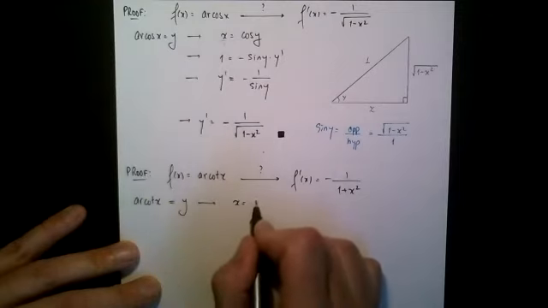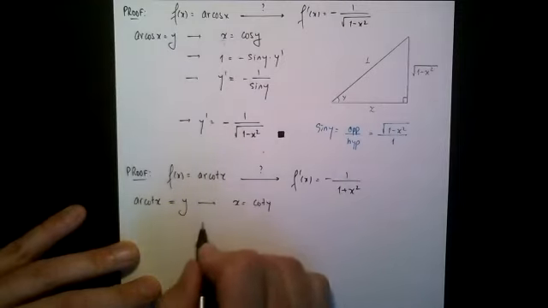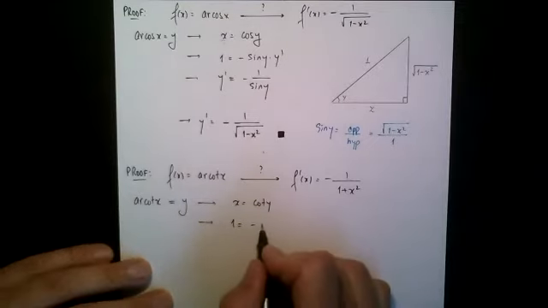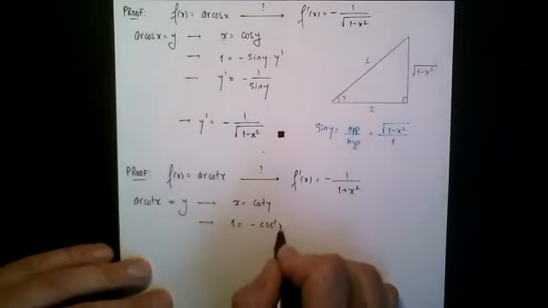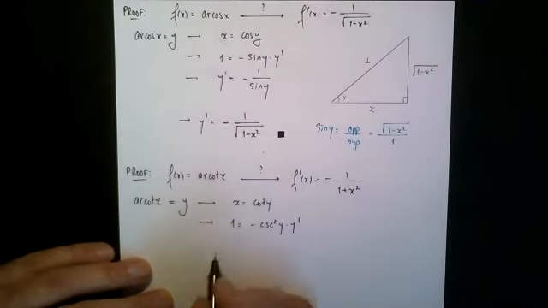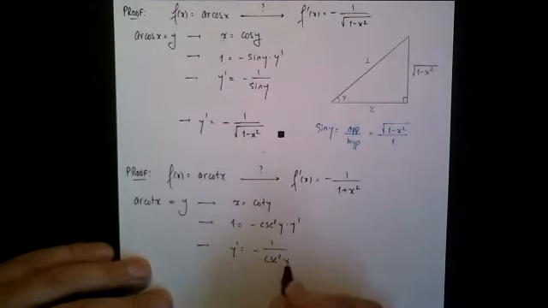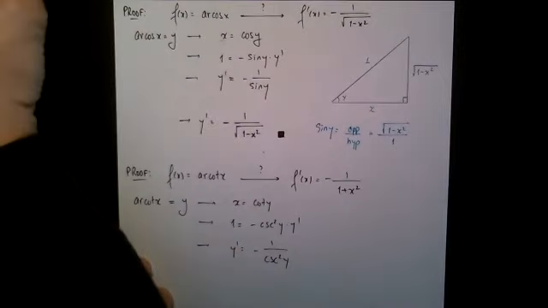This means that x is equal to the cotangent of y. We derive both sides. 1 equals the derivative of cotangent, which is negative cosecant squared of y times y prime. And so y prime is negative 1 over cosecant squared y. All right, that's what you did, I guess.